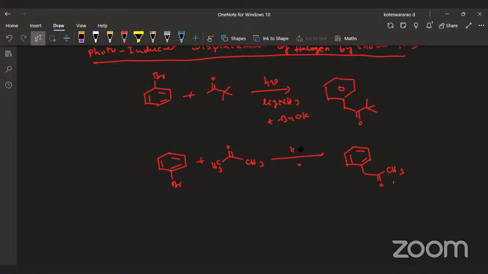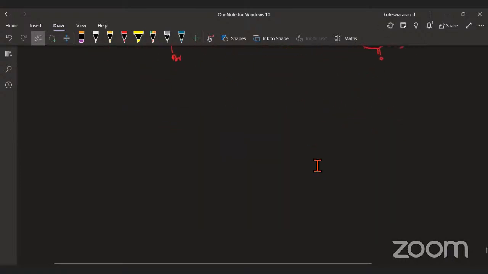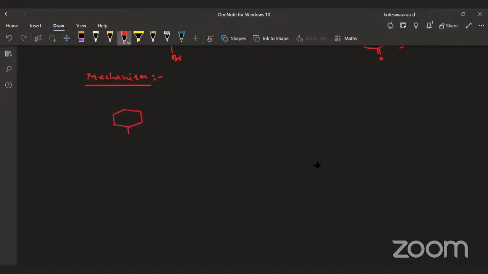Then what is the mechanism involved? We take the bromobenzene, which involves electron transfer under photochemical conditions. It abstracts an electron from the reaction medium, leading to the formation of an anion intermediate.